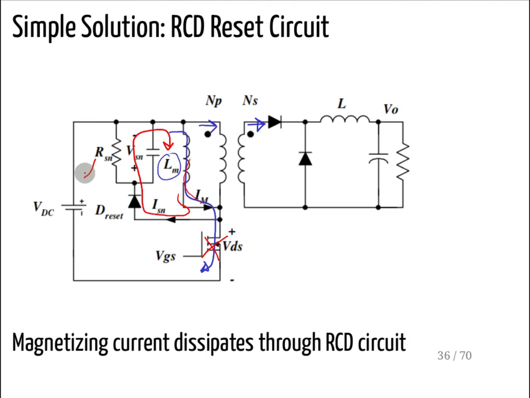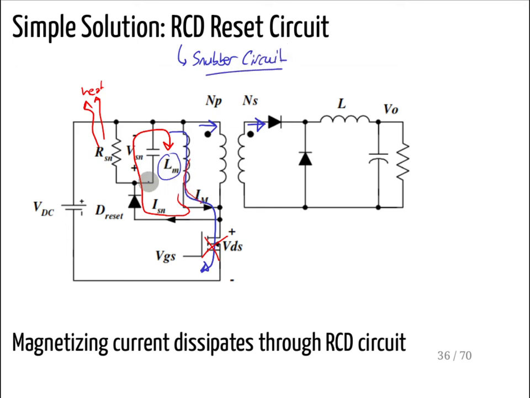So you are basically dissipating the energy. You are storing some part on the capacitor, but some of it is being dissipated as heat. So this is an RCD snubber circuit. It is also called a reset circuit, because it's resetting the magnetizing inductance.